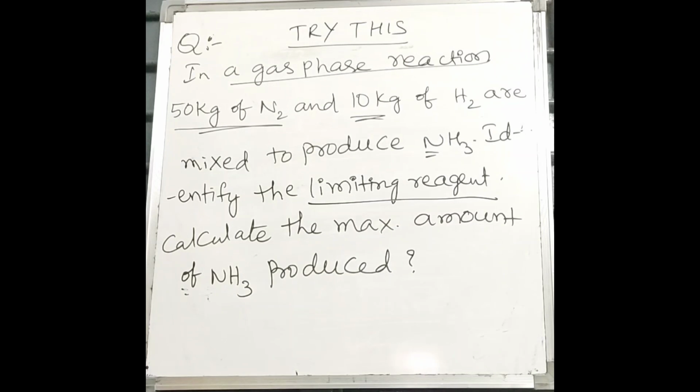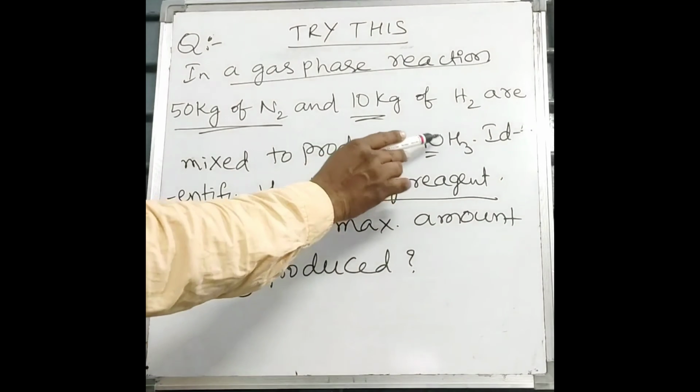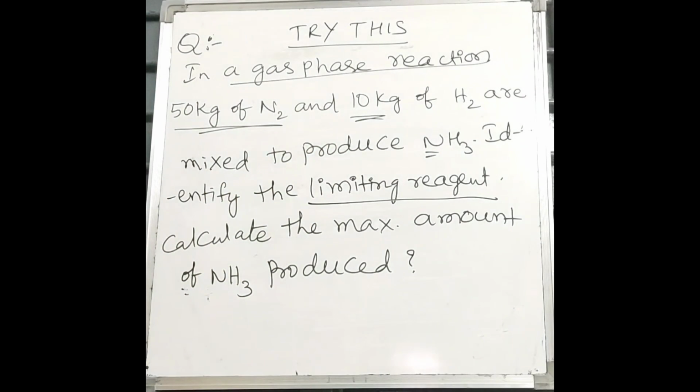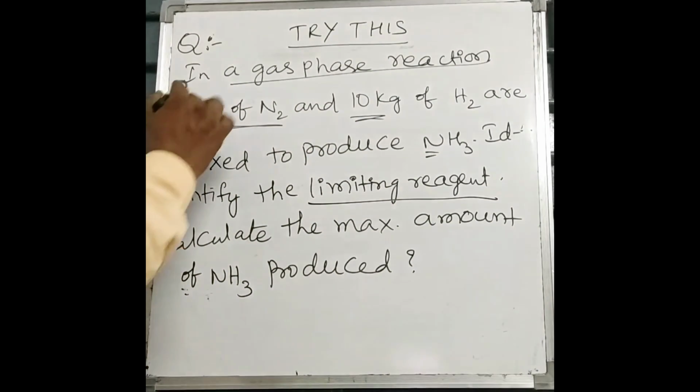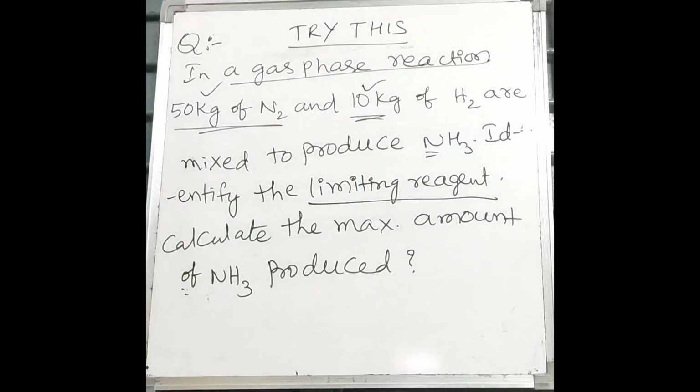First of all, write the balanced equation for the formation of ammonia from nitrogen and hydrogen. And the weights of nitrogen and hydrogen are given. From that you have to find the limiting reagent, based on which you can calculate the amount of ammonia formed in this reaction.